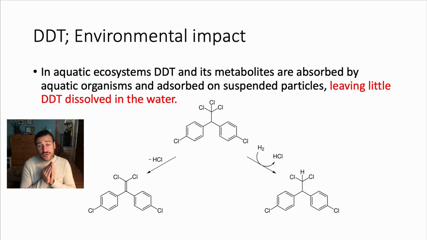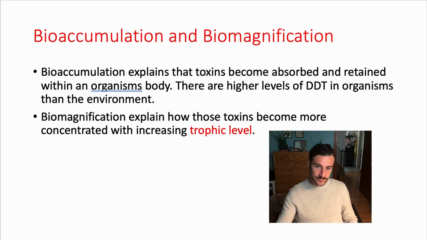So eventually DDT works its way into living organisms. So after a long enough time, there is little DDT dissolved in the water. Now, this might sound good. There's no DDT in the water. It's all in animals. But that's not good, right? Because animals are living and you are changing many different interactions by having this chemical in all of these animals.